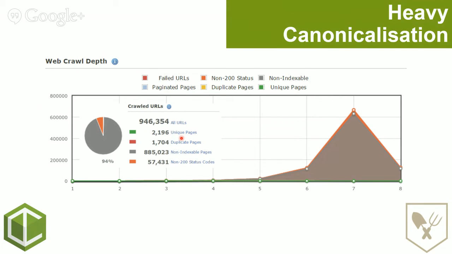And this is exactly what Google will have to go through just to discover these 2,000 unique pages. These are the only pages you have a chance to rank for, yet Google had to spend days, if not weeks, going through 1 million URLs. So you definitely want to avoid this type of issue.